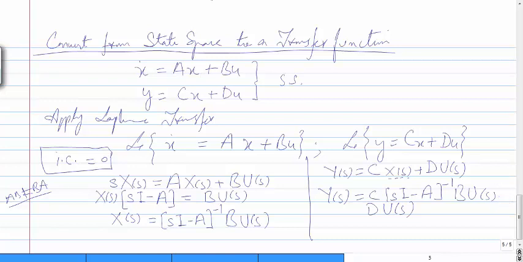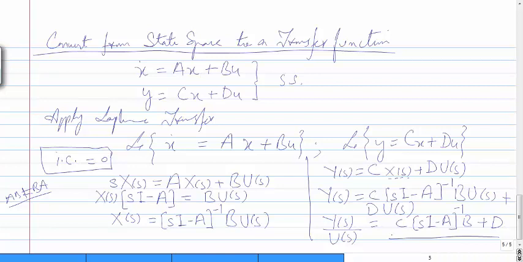Let me rewrite the plus here. Now it's better. Now if I take out U of s and take the ratio Y of s divided by U of s, the transfer function becomes C times (sI minus A) whole inverse B plus D. So this is the transfer function.